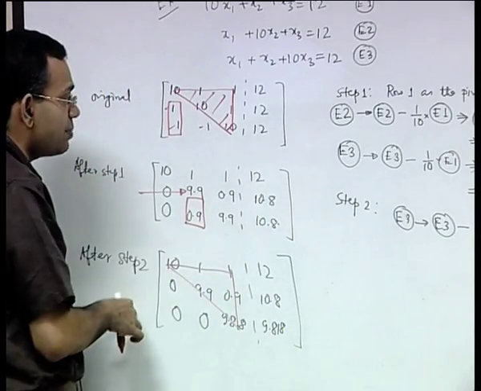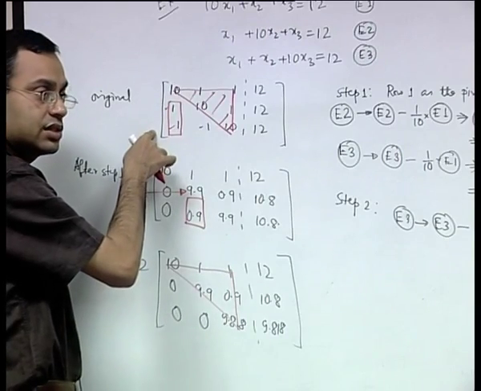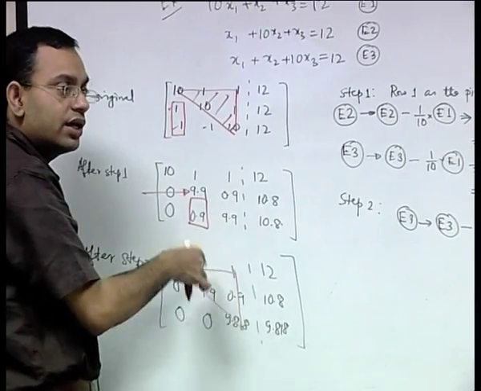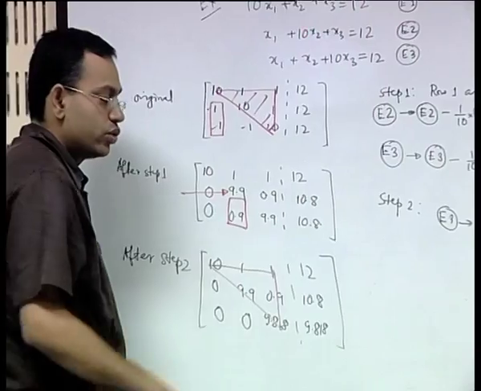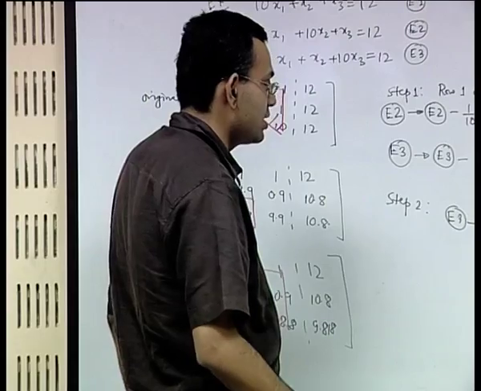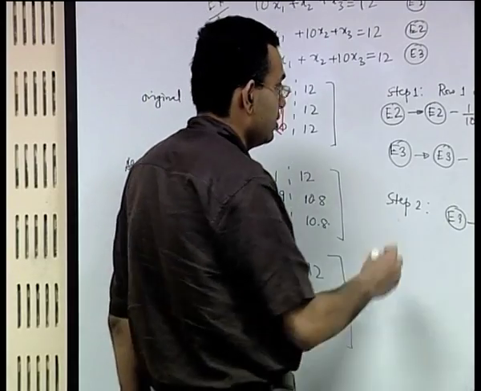It required 2 steps for 3 equations. So, in general if there are n equations, it will require n minus 1 number of steps to reduce it to an upper triangular form. So, this up to this we call as forward elimination.